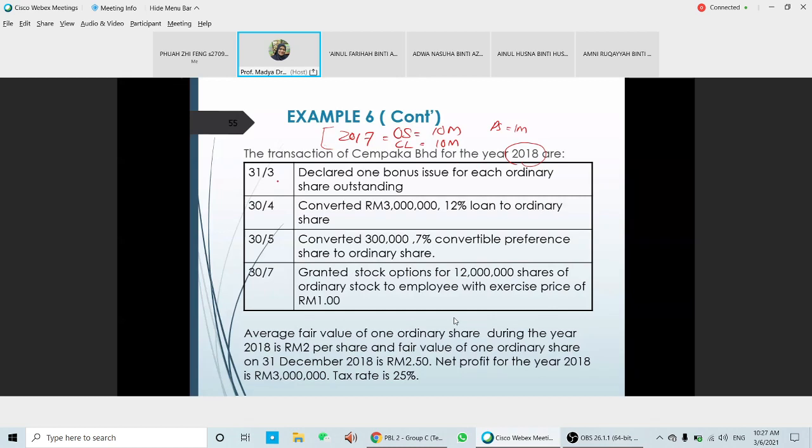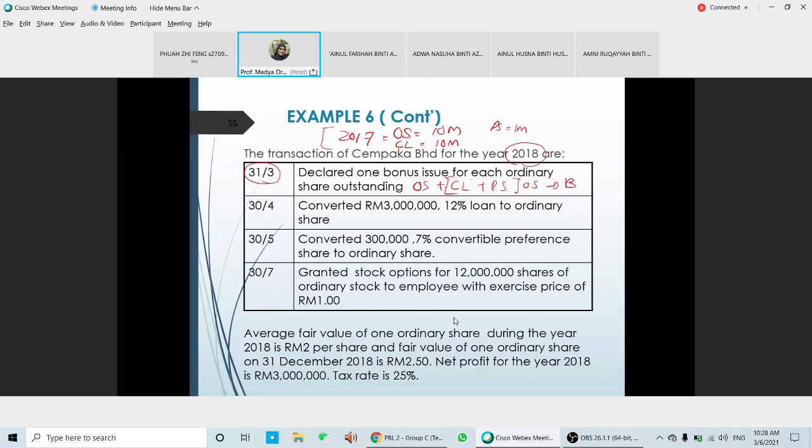On 31st of March 2018, they declare one bonus issue for each ordinary share outstanding. So this one bonus issue already exists. Both ordinary shares plus convertible loan plus preference shares, if they convert to ordinary shares, are entitled to a bonus, because they already existed before the bonus was declared in the year 2018.